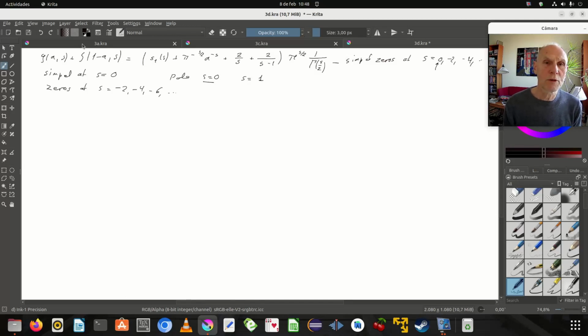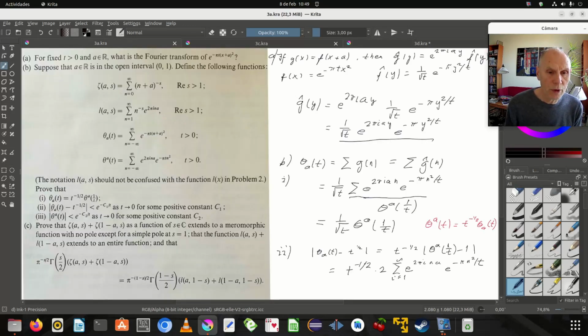Now, what should we show? Extends to a meromorphic function with a simple pole at s equals 1. Lovely. And then we have to show this equality.